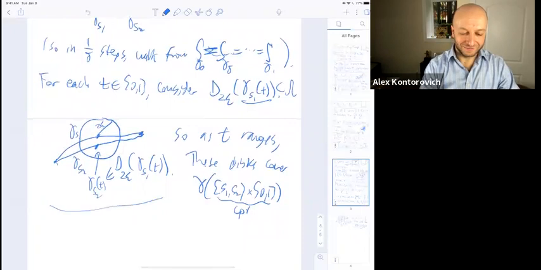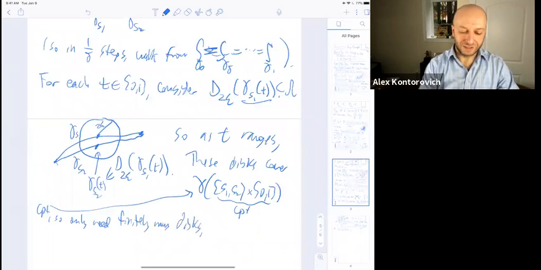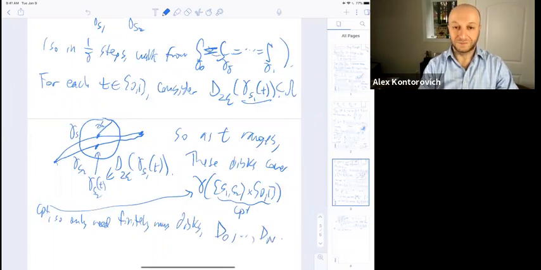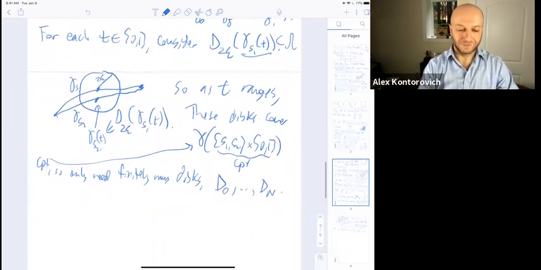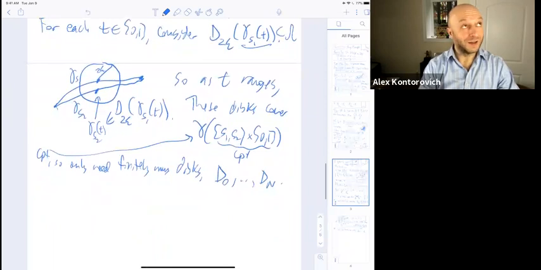This is compact, so only need finitely many disks, let's say D0 through Dn. Let's make it n plus 1.